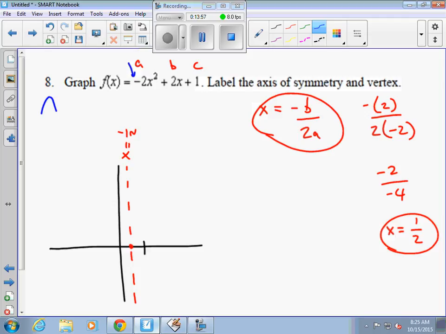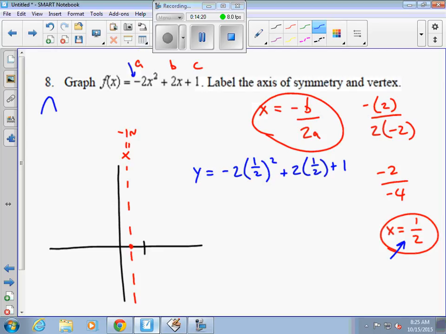In order to find y, you plug in your new value of x, 1/2. So y, or f of x, is equal to negative 2 times our new value of x, 1/2, squared, plus 2 times 1/2 plus 1. So 1/2 squared is going to be 1/4.